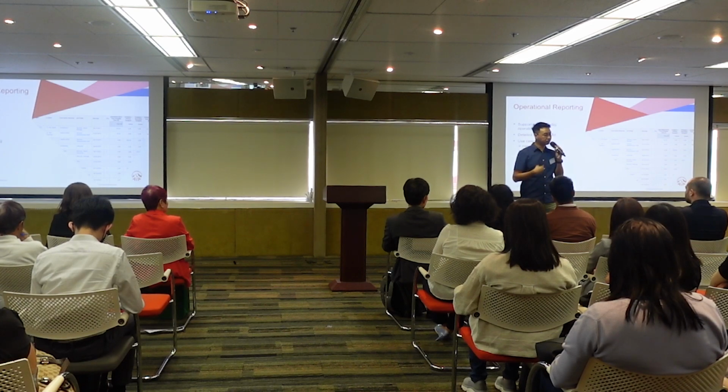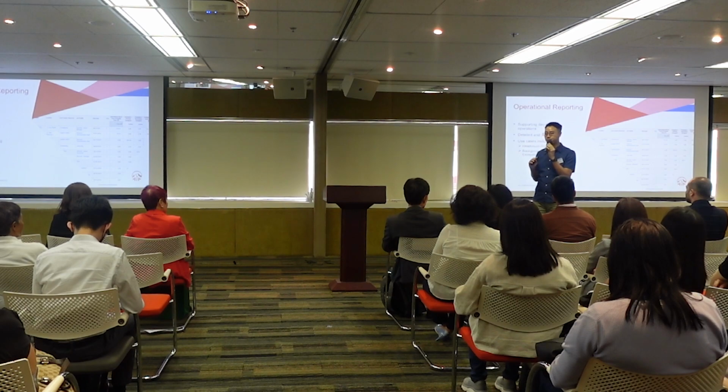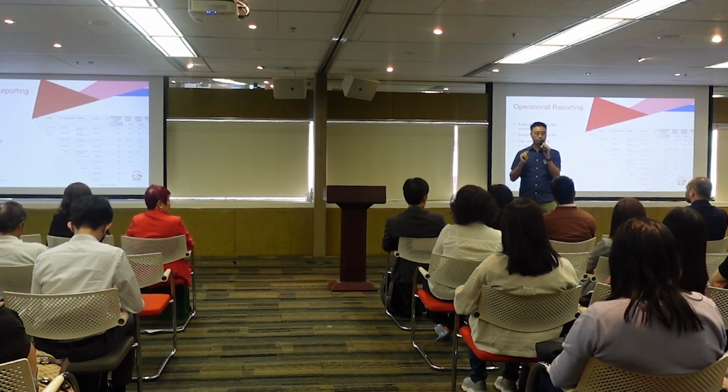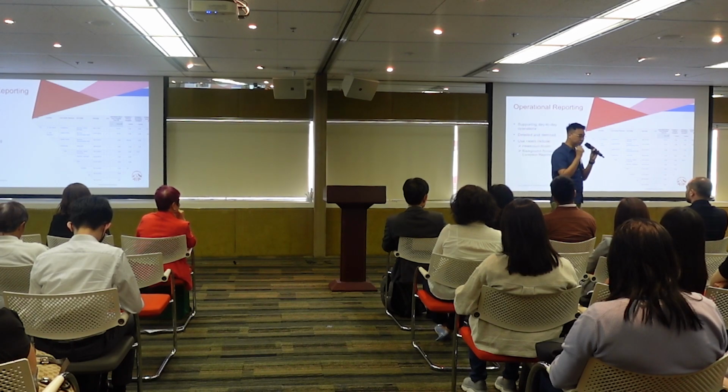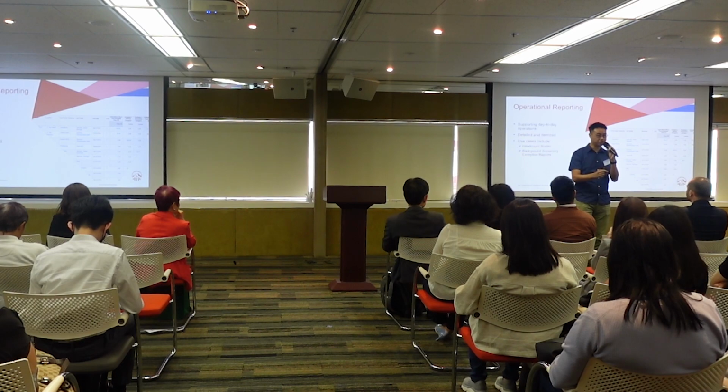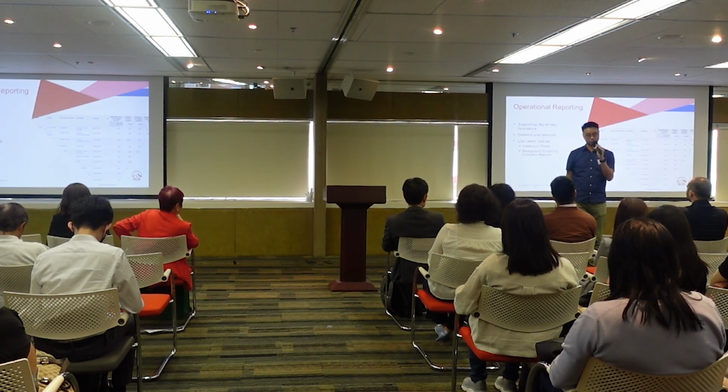From an analytics development perspective, operational reporting is mostly used as a baseline for us to do any further training or any further use of the data. So this is the most important, the most fundamental bit of any analytics development.